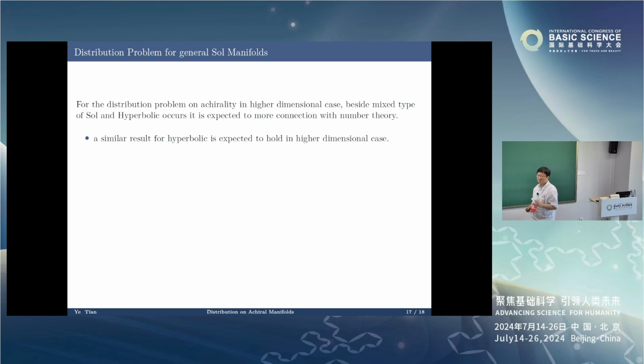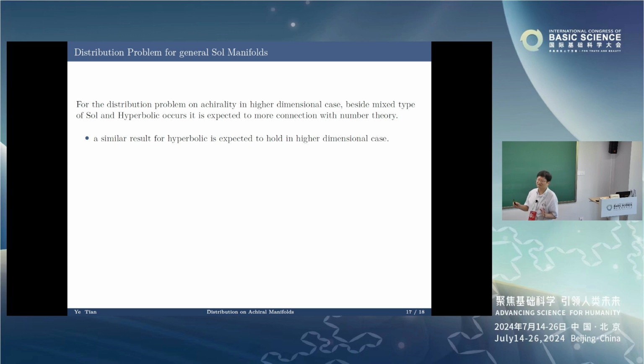But besides, this general case may mix this Sol type and hyperbolic type together. But there is a probability equal to 1 minus this product, like a Euler product equation. So there are only a positive proportion of these special ones among archimedean ones.